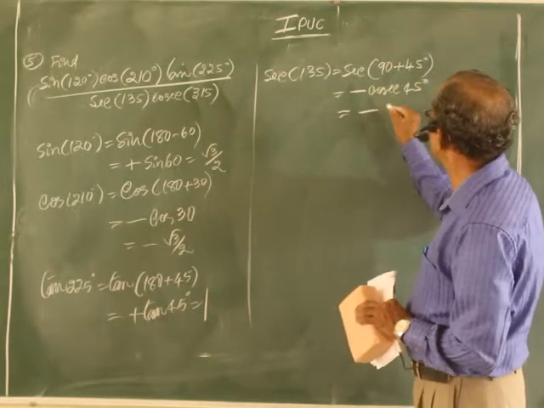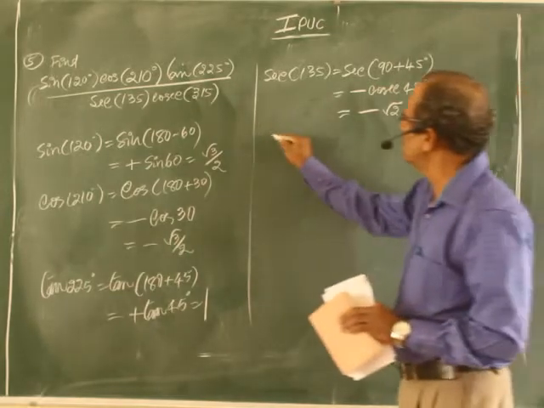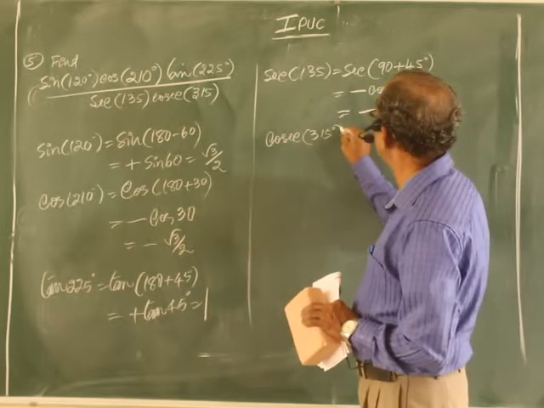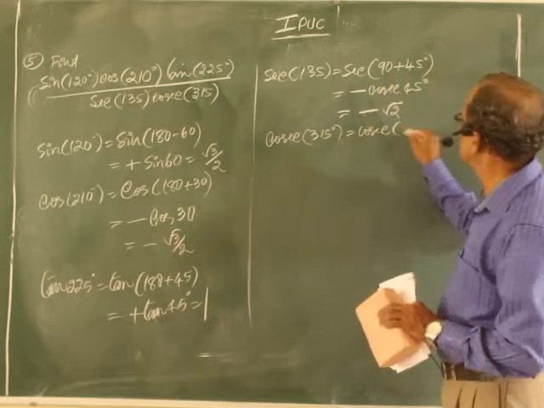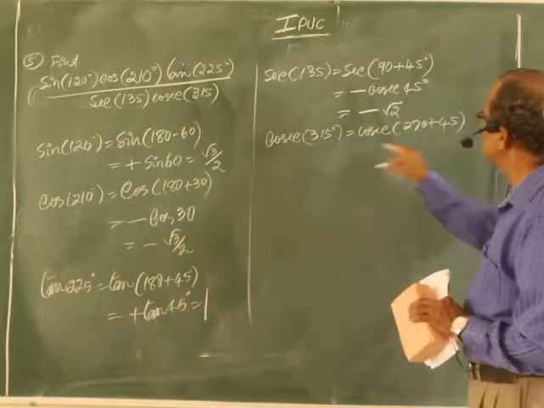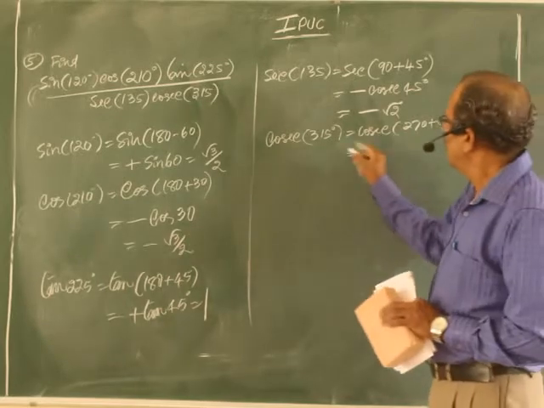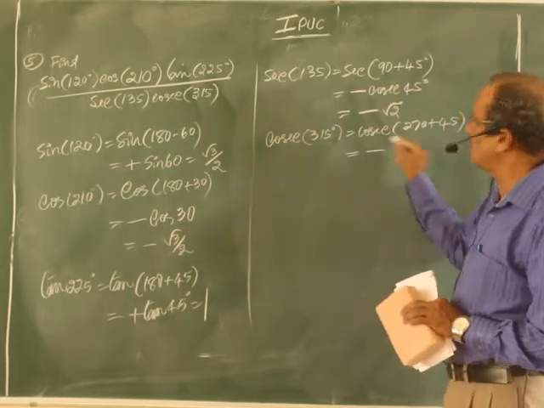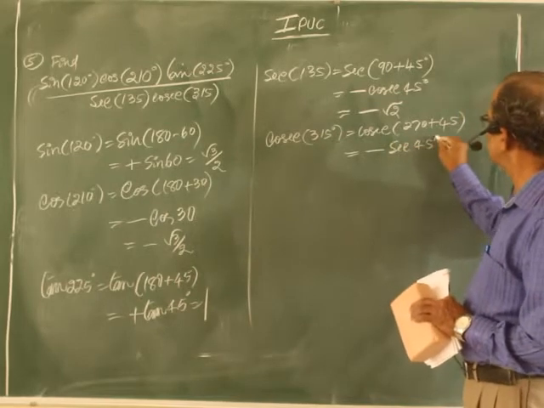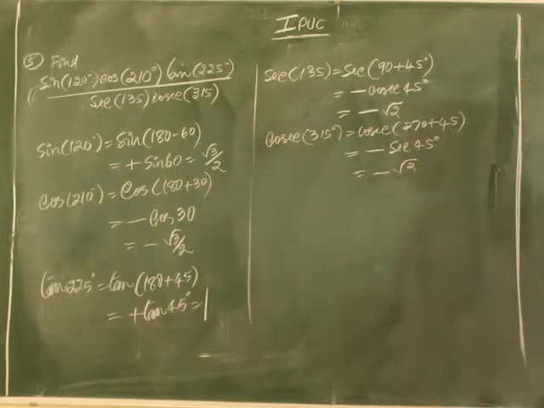So it is minus root 2. And the last one is cosecant 315. Standard form is 270 plus 45 or 360 minus 45, one and the same. Last quadrant cosecant minus, but cosecant changes to secant, so it is also minus root 2.